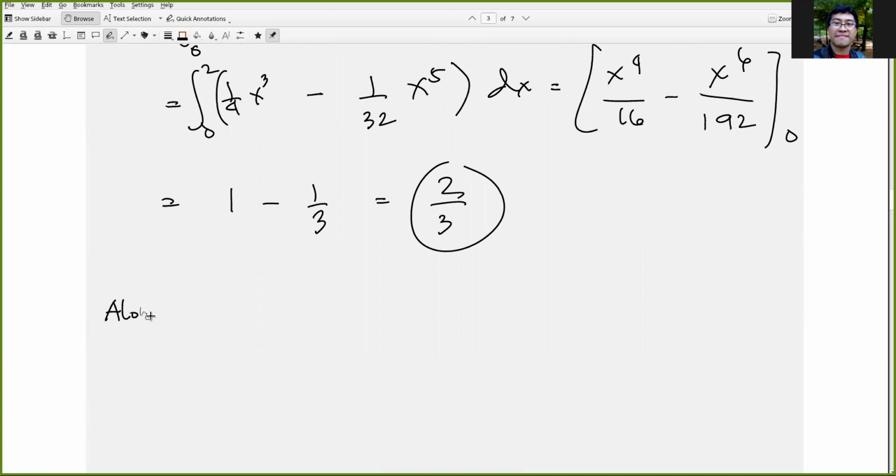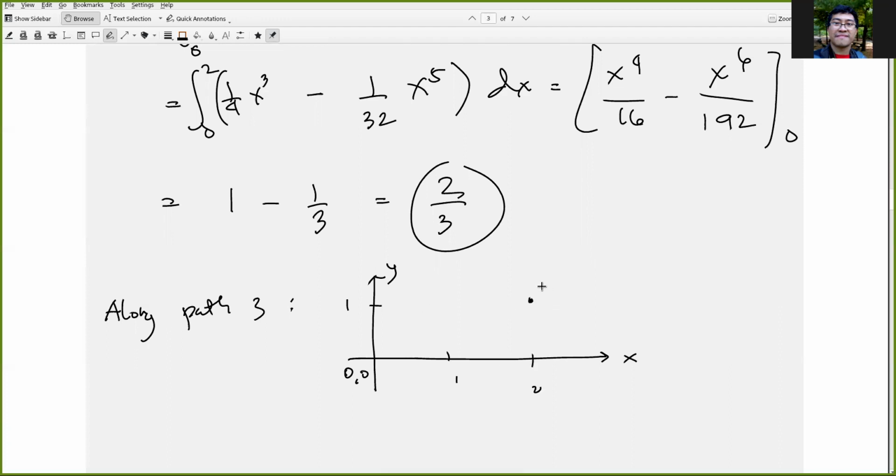Now along path number 3, it's a broken line. Suppose this is your x-axis, this is your y-axis, 0, 0. You have here our point 2, 1.